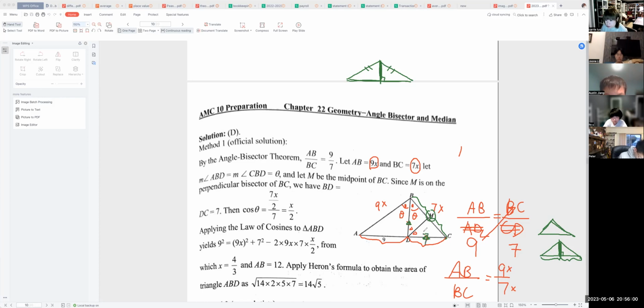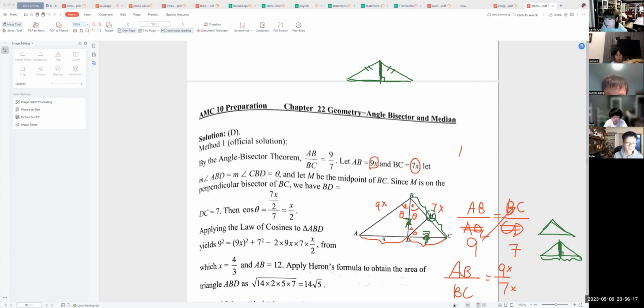So that's why, because this is 7 and this is 7 as well. So now, what does cosine theta equal? Because this is a right triangle, right? So cosine theta equals 7x over 2.